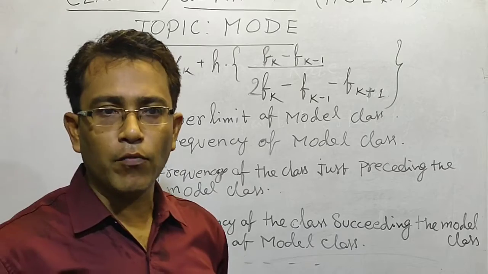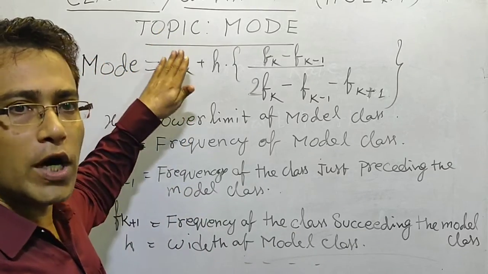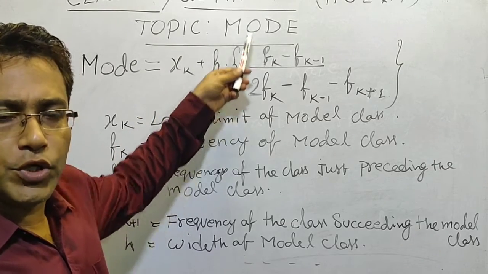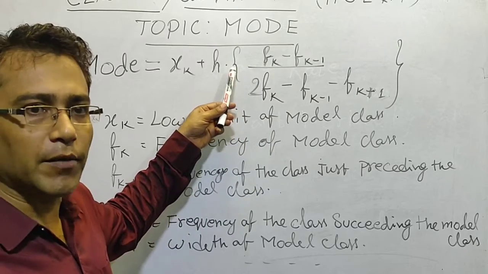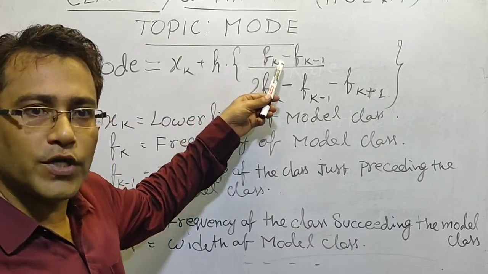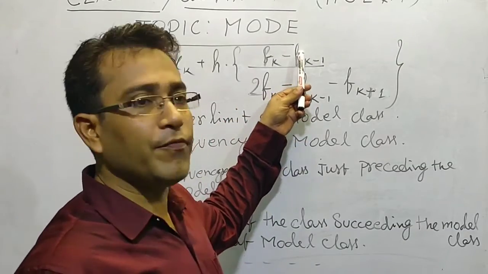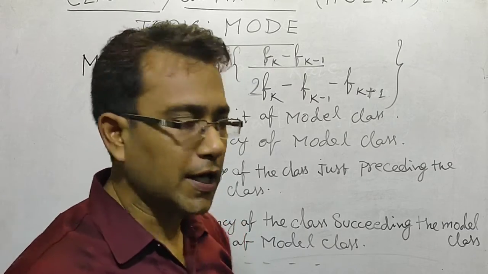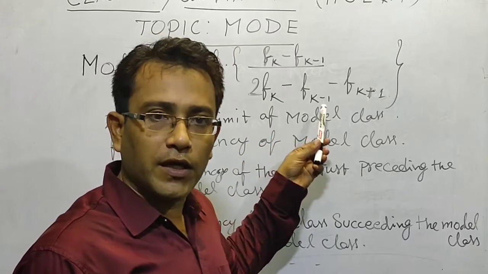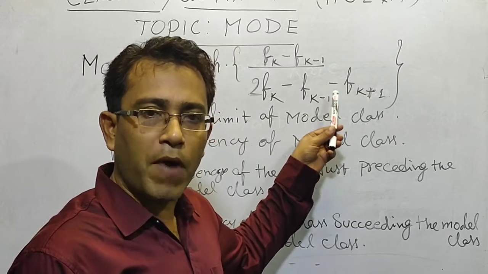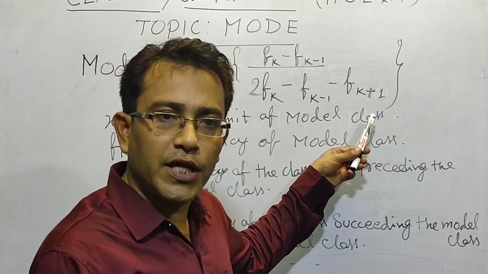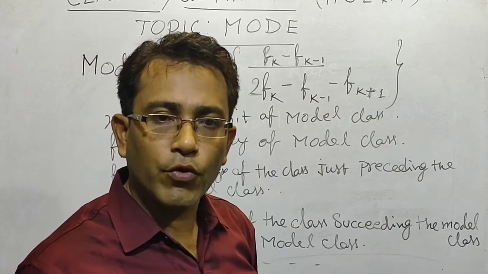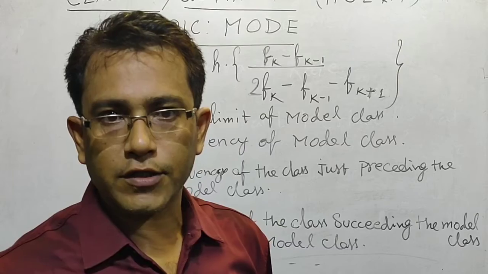So what is the formula? Mode equal to lower boundary of the modal class plus h into, within second bracket, h means width of the modal class, fk, frequency of the modal class, minus fk minus 1, that is the frequency just preceding the modal class, by 2fk, 2 into frequency of the modal class minus the frequency of the preceding class of the modal class minus fk plus 1, the frequency succeeding the modal class.